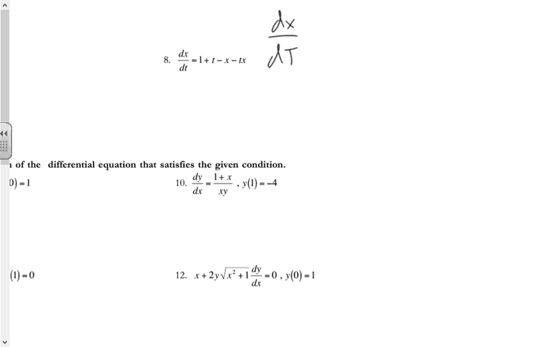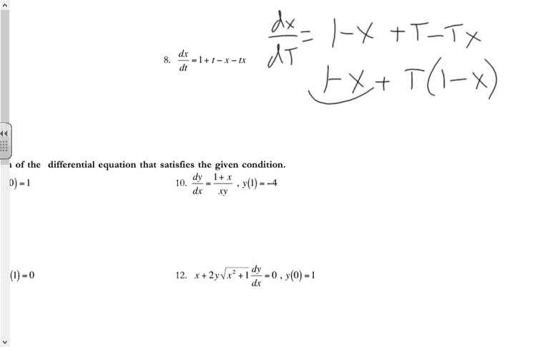You haven't looked at that since, well, I guess you did a little bit of it in pre-calc, but boy, since algebra 2. So let's see, if I group this as 1 minus x plus t minus tx, and factor out a t, then I've got a 1 minus x and a 1 minus x. Let's factor that out. That's where the factoring by grouping comes in.